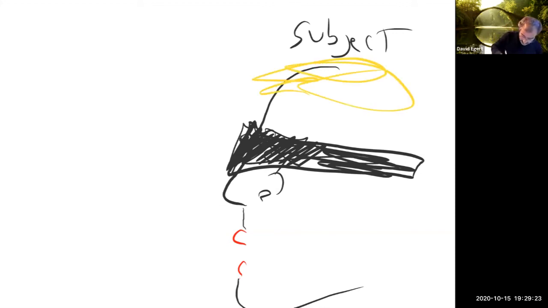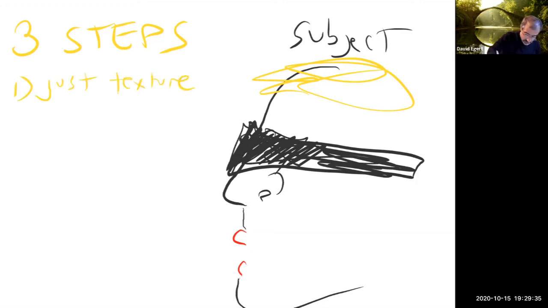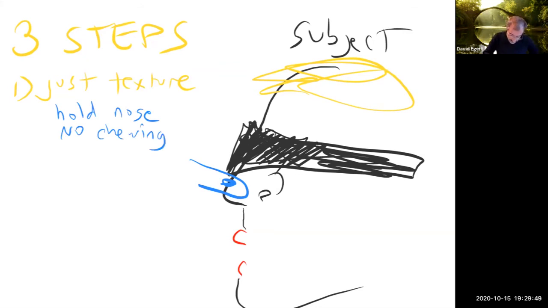And there are going to be 3 steps. The first part is just texture. So they hold their nose. You put the thing in their mouth.